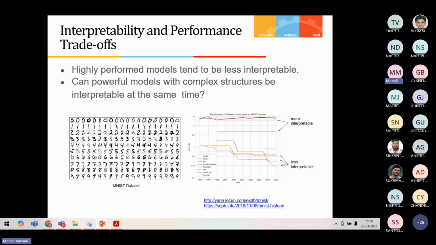The error rate is very high here on the y-axis, but these are the models which are more interpretable, like linear regression and decision tree. Neural networks, on the other end, or the ensemble algorithms, are less interpretable, but the error rate is low.